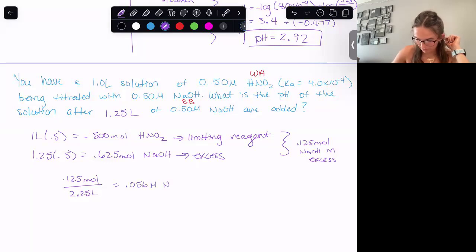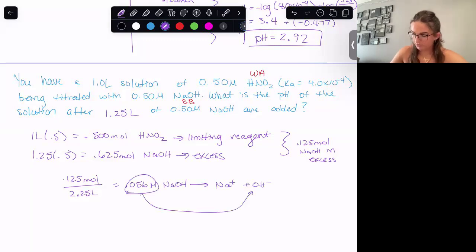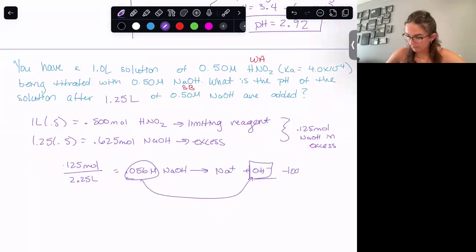So we get 0.056 molar NaOH. What does NaOH do? This completely dissociates into Na plus and OH minus. So all of this becomes the concentration for OH minus. So this becomes the negative log of OH minus. We know all of that concentration turns into concentration of our OH minus.